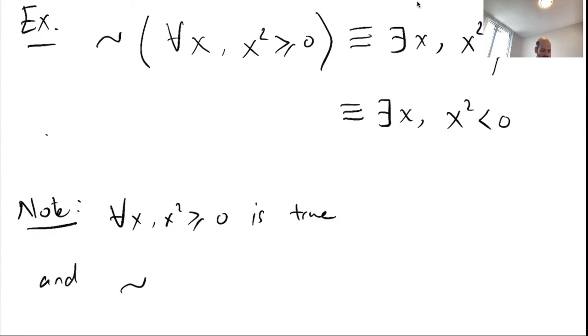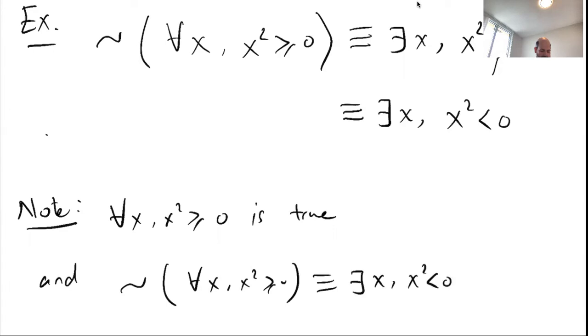And the negation of it, which as we said is the same as there exists X with X squared less than 0, is false. There exists X with X squared less than 0 is false because there is no X such that X squared is less than 0. And that's exactly what we expect, right? If the original proposition is true, then the negation of it should be false.